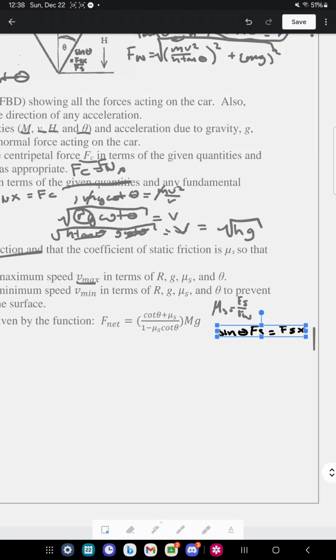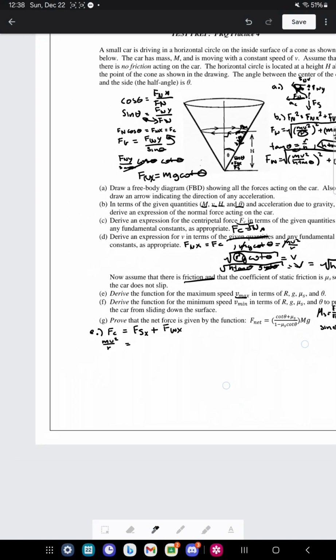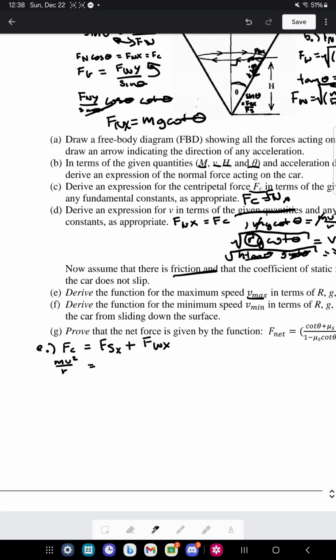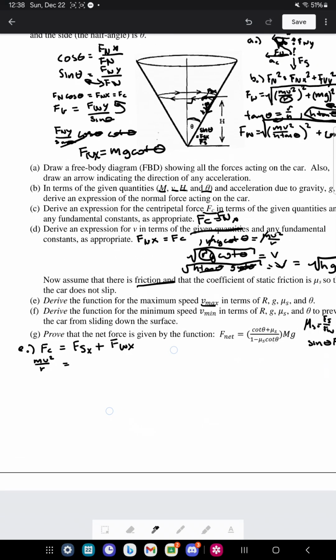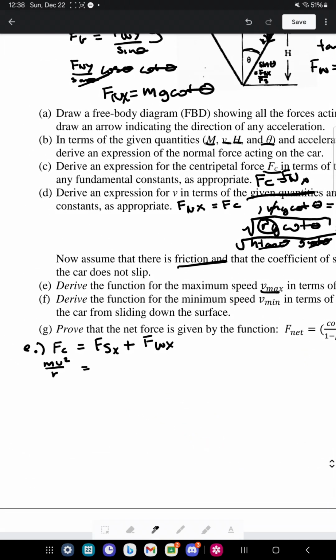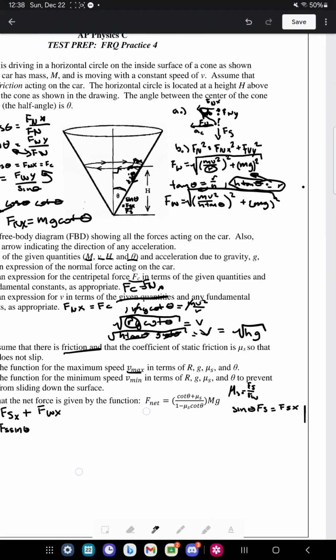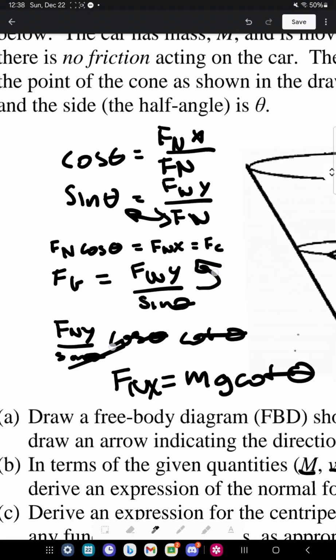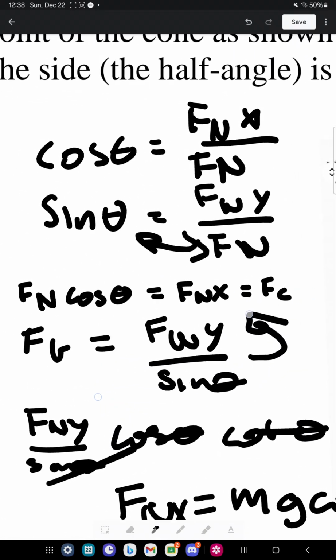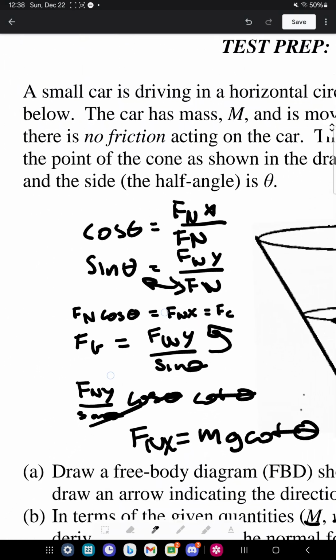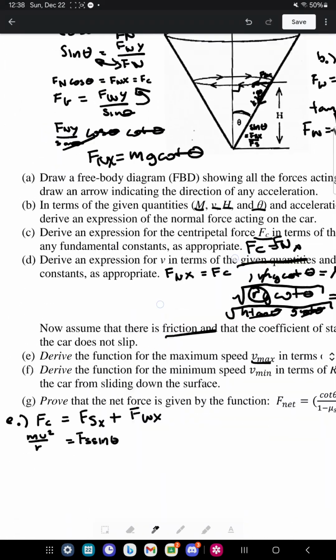The reason why I want F of s x is because I'm going to plug that into here. So this is F of s sine theta. And F of n x, did we solve for that earlier? We said that F of n x equals F of n cosine theta.